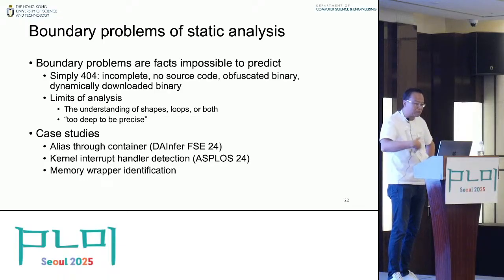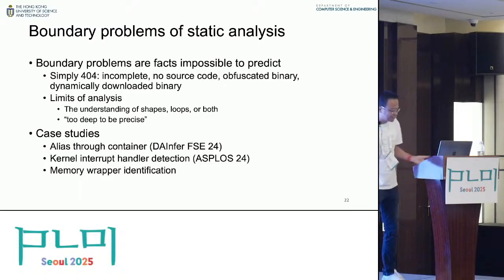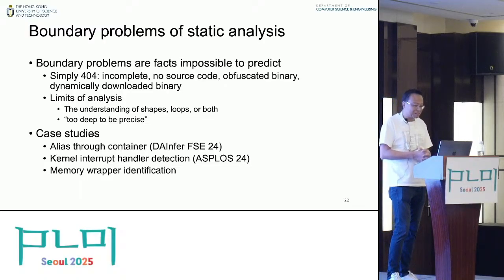But then there are also limits of static analysis, as is well known. For example, the understanding of shapes at a big scale, right? At a big scale, plus loops, i.e. recursion. These things are very hard to analyze.